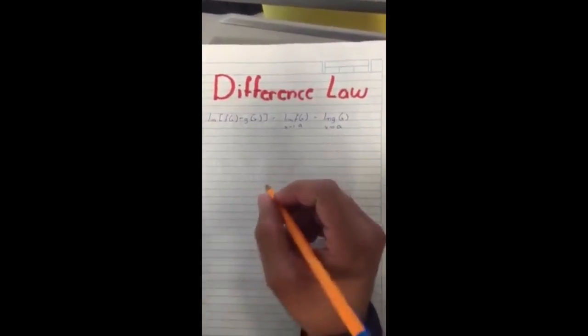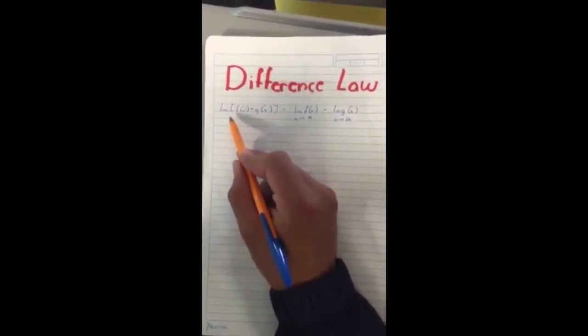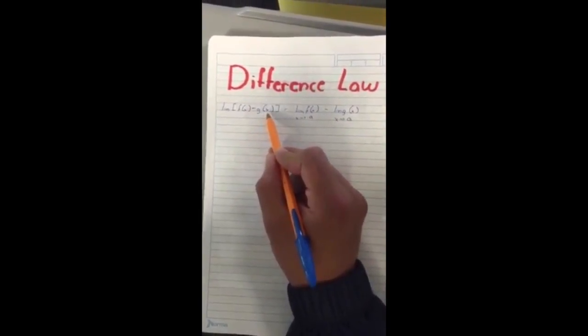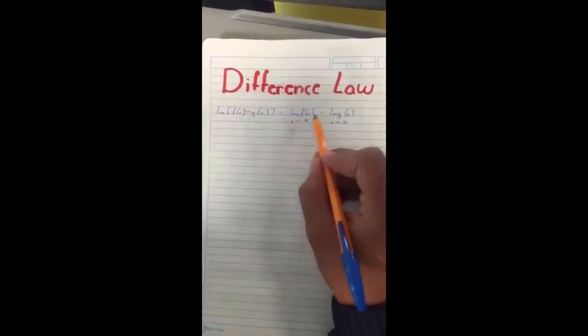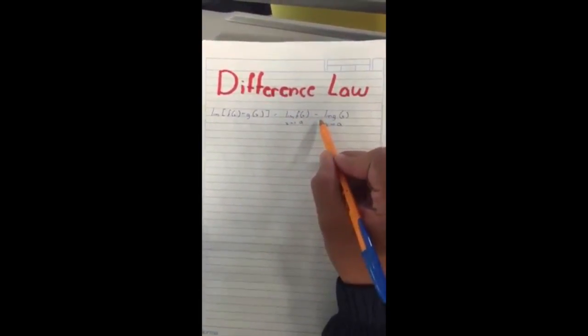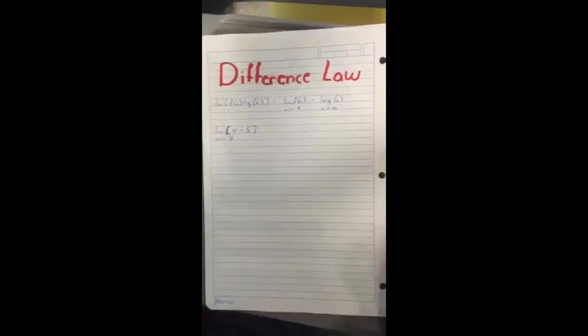From the sum law, we directly get the difference law. In this case, we have that the limit of f of x minus g of x is equal to the limit of f of x when x is approaching a minus the limit of g of x when x is approaching a.